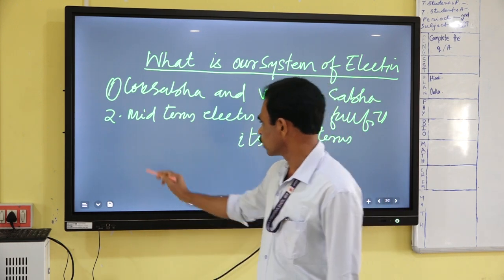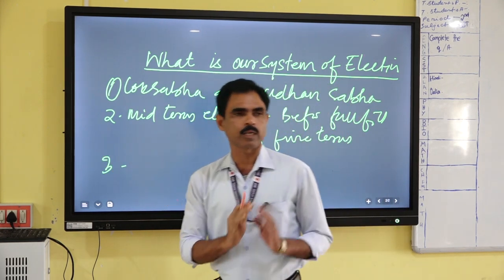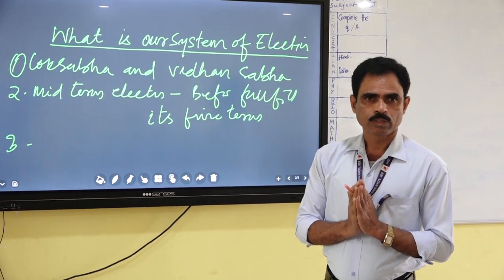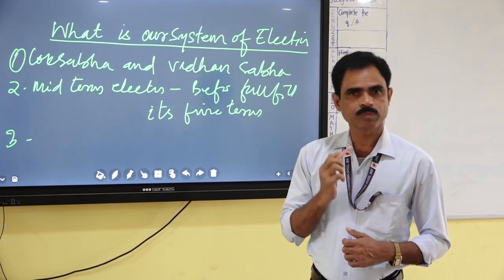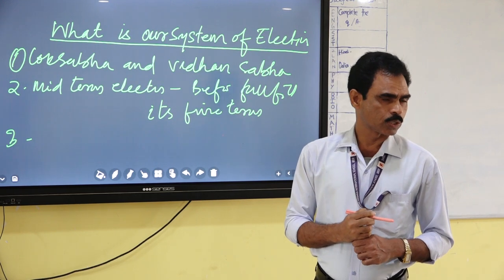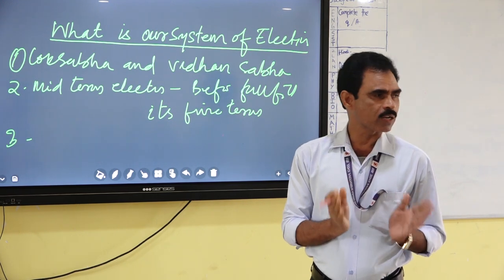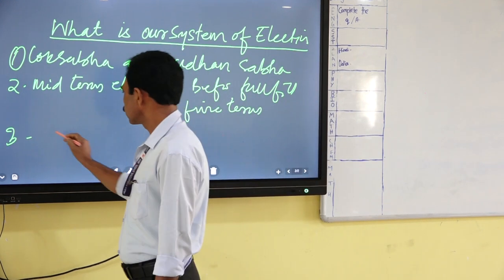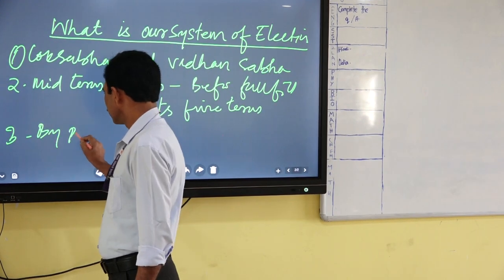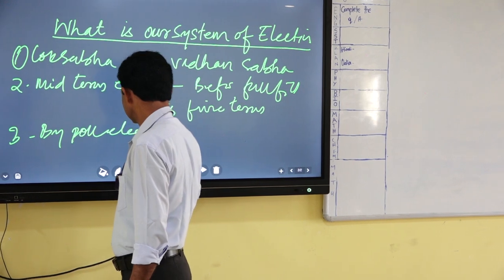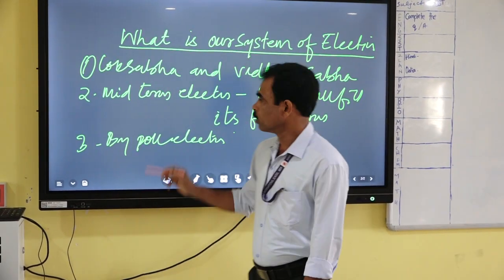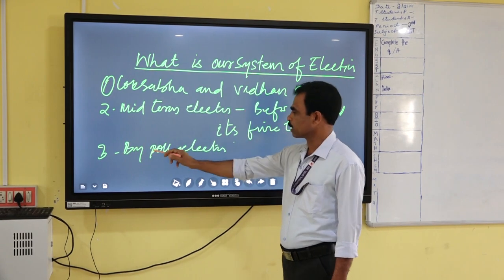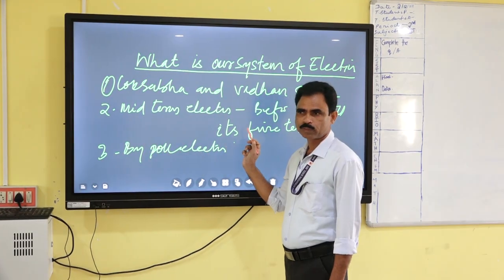Next, third election, when a representative dies or gives resignation from his post, only in one constituency election is held. This is called the by-poll election. Okay. Number one is the general election, number two is the mid-term election, and the third is the by-poll election.